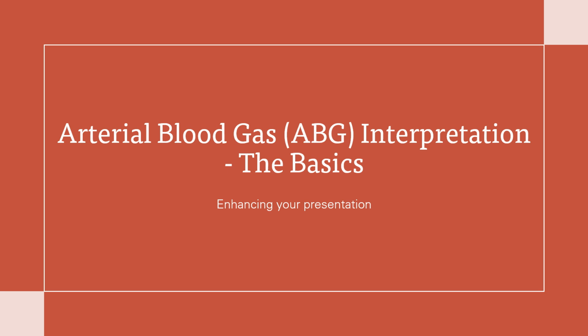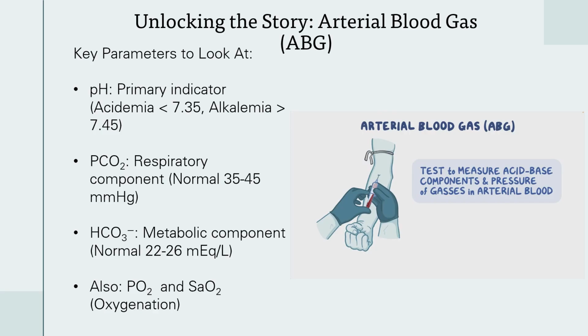So the arterial blood gases are those gases like the partial pressure of oxygen, as well as the partial pressure of carbon dioxide, and the pH. So it's a test, basically. ABG is a test in the clinic or in the lab, where they want to determine if you have any kind of acid-base disturbances.